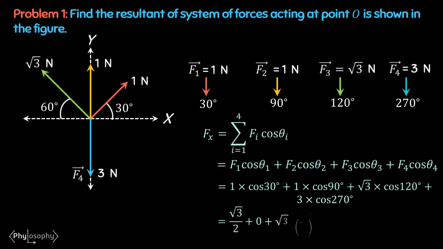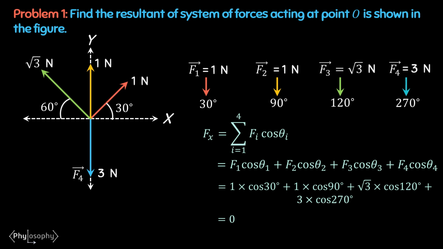Therefore, this is equal to √3 over 2 plus 0 plus √3 times minus half plus 3 times 0, which is √3 over 2 minus √3 over 2, equal to 0. Therefore, the net x component of all these forces is equal to 0.